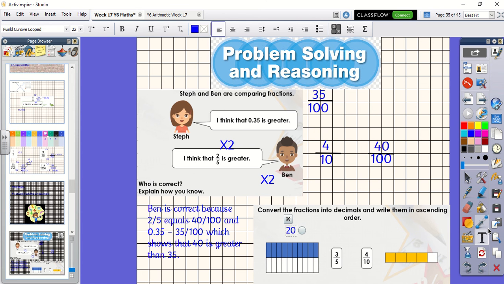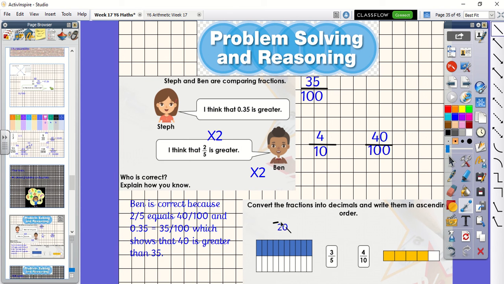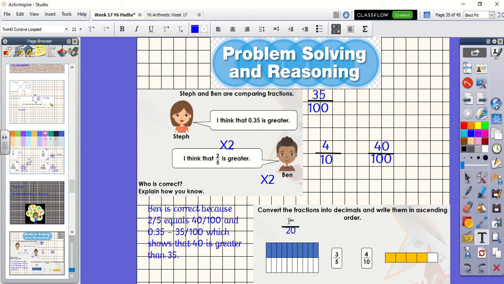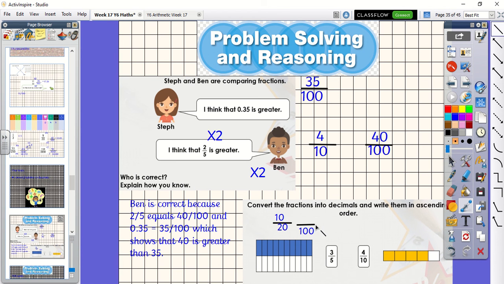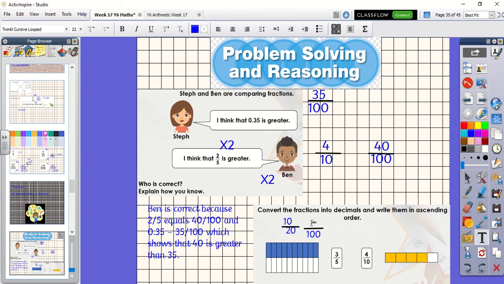So our denominator is 20 and our numerator is going to be 10 because just half of them have been shaded in. Now, to get from 20 to 100, we multiply by 5. So whatever you do to the bottom, you do to the top.